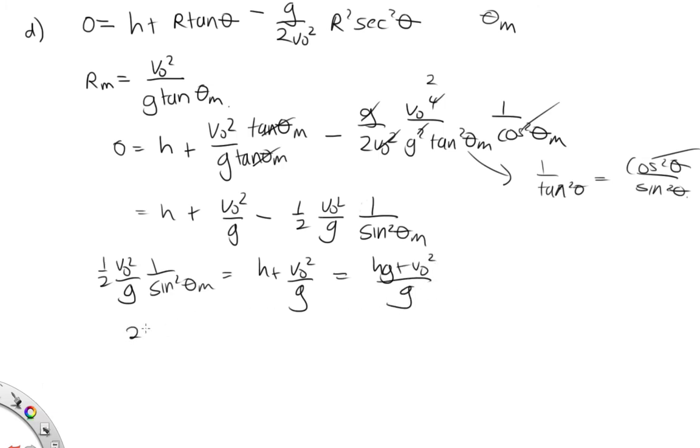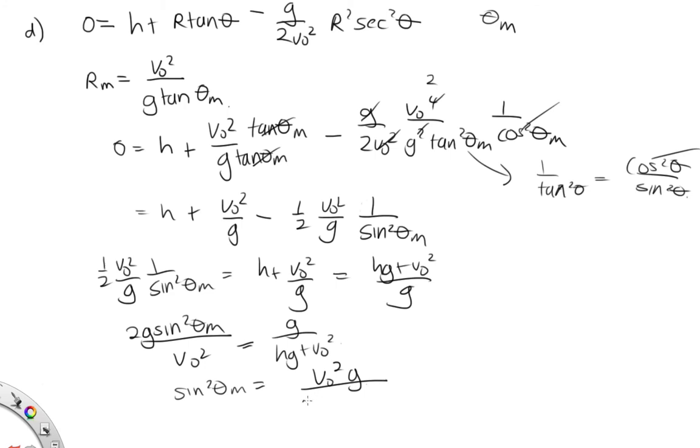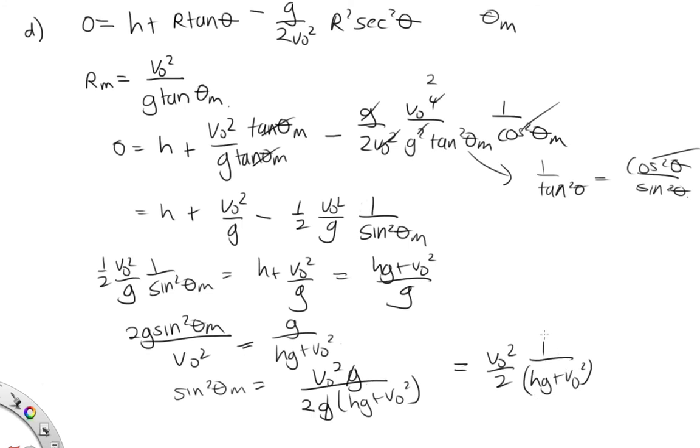We can write 2g sin²θ_M over v₀² is equal to g over (Hg plus v₀²), and then sin²θ_M is equal to v₀² g over 2g (Hg plus v₀²). These g's cancel out, and we end up with v₀² on 2 times 1 over (Hg plus v₀²), which is almost what we were asked to show.